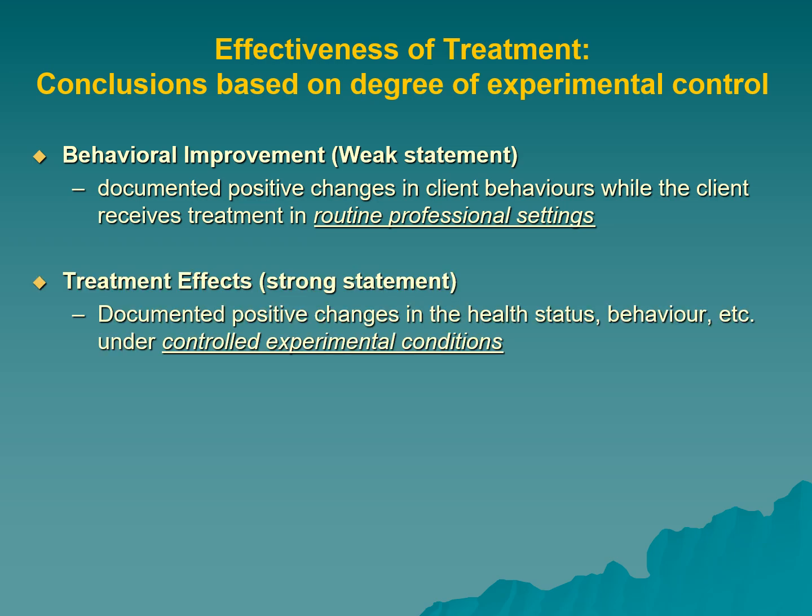On the other hand, if we document positive changes in participants' behavior or health under controlled experimental conditions, such a statement will be a strong statement on the effectiveness of that treatment, because we have controlled conditions to back up and to prove that the effects are truly coming from the experimental conditions and parameters.